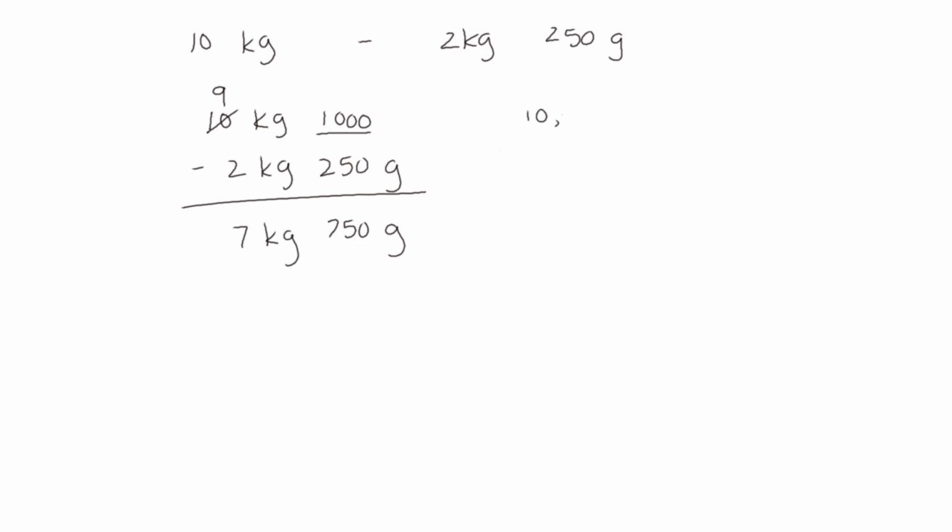The other thing is we could turn all the numbers into grams. And when we subtract, we get 7,750 grams, or 7 kilograms, 750 grams. That would be 2 algorithm strategies. We could also do a simplification strategy.